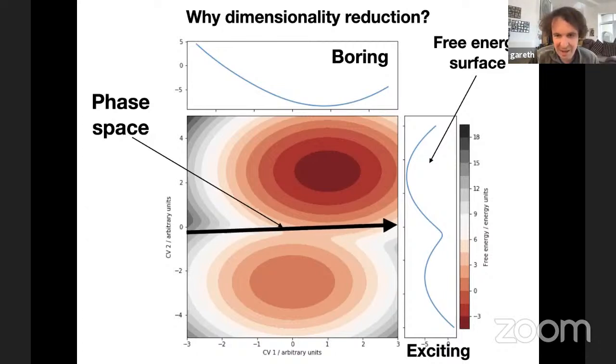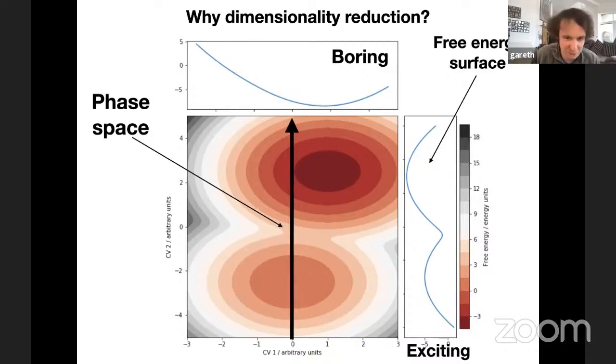That means any rotation of that arrow, and those are all valid collective variables that I can use. And as we rotate around 90 degrees, that free energy surface gets progressively more and more interesting.